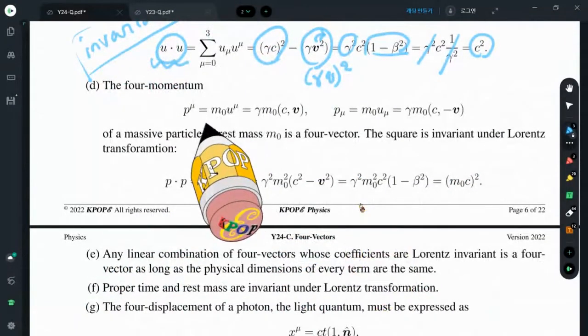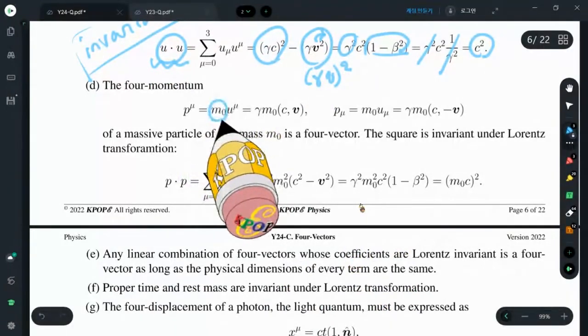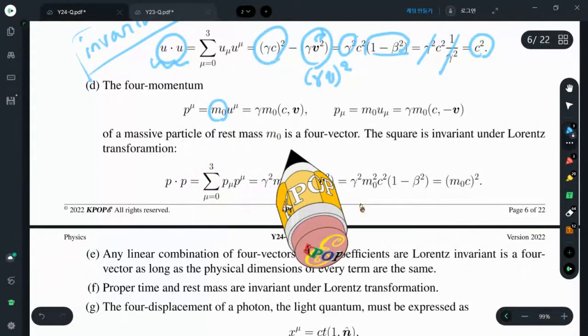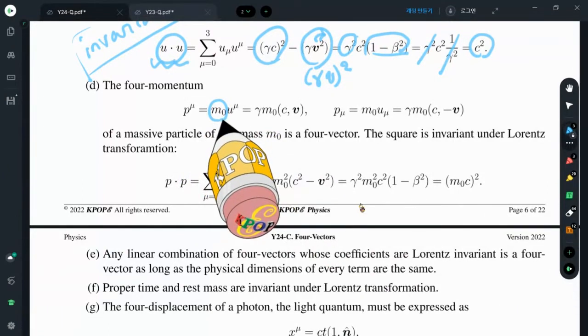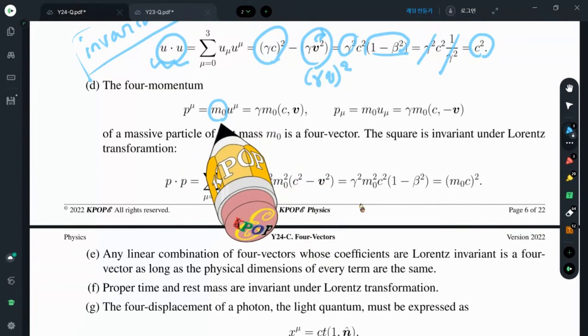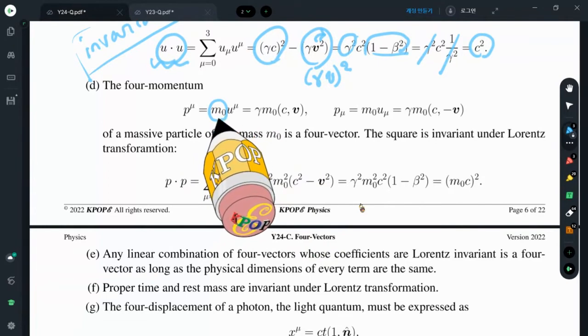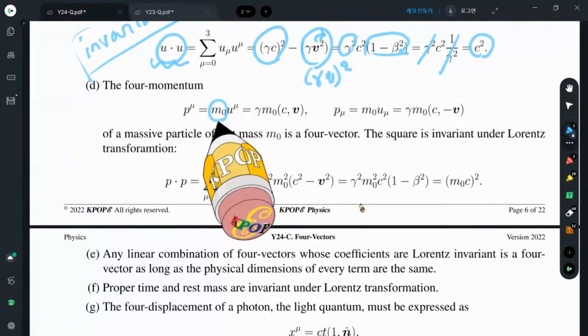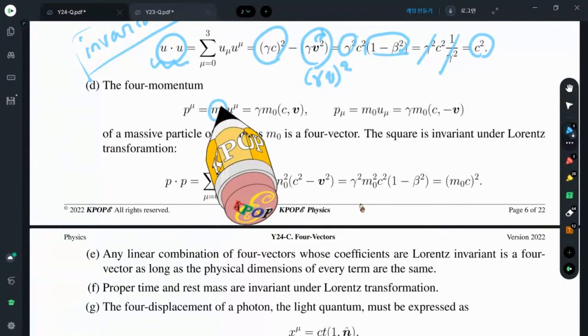Next, we construct momentum by multiplying by mass. However, mass depends on the velocity, so what we multiply is not the general mass, but the mass measured at the rest frame.